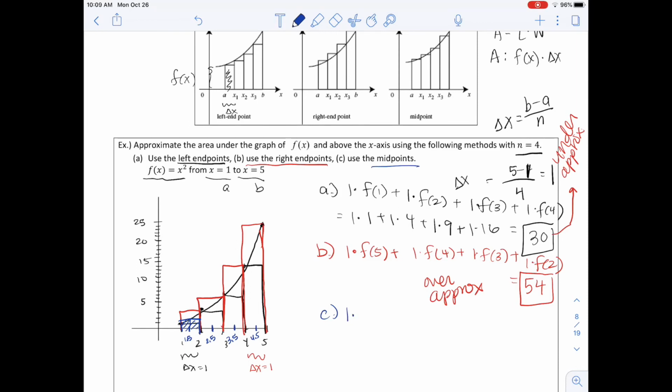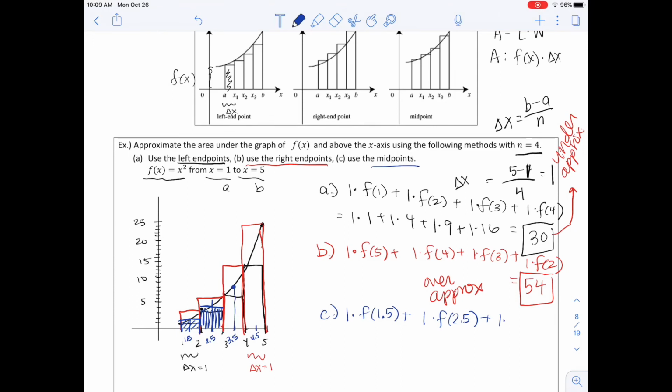So the width is still 1, but my height is now going to be f of 1.5, plus, width is still 1 here, times, but this time I'm going to use 2.5 as my judging point. So I'm going to go up to my graph and shade. So my height is going to be f of 2.5, plus the next one, which my height is going to be judged by 3.5, so going up until I hit my curve.